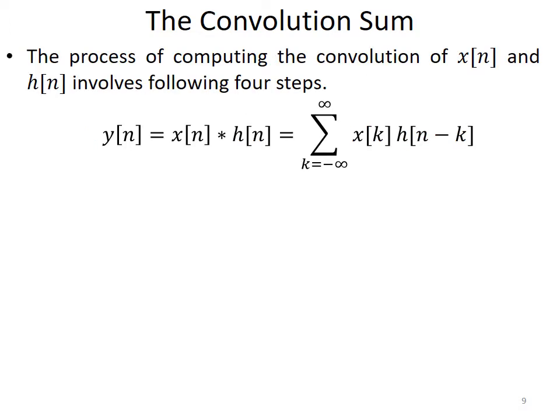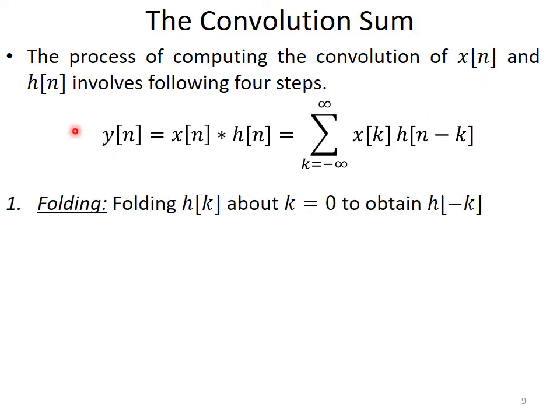The process of computing the convolution of x of n and h of n involves 4 steps basically, which are summarized in this equation, right? The first step would be folding of h of k. You can see h of k here becomes h of n minus k, right? So first h of k is folded around k equal to 0.